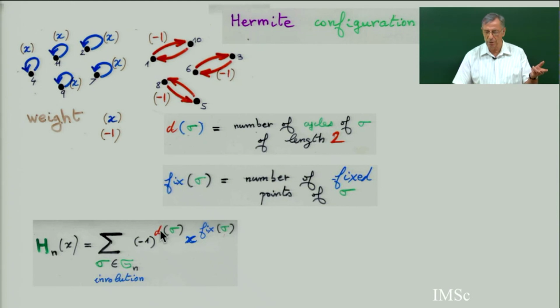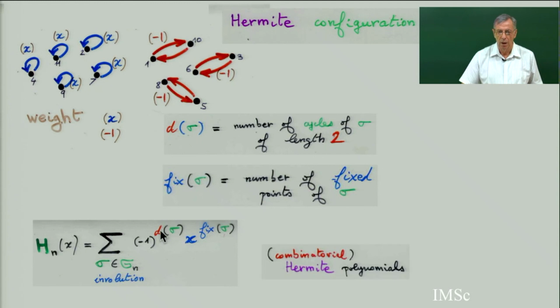D is for dimers; in physics, monomers and dimers. So for this configuration here, I have x to the power 5 times (-1) to the power 3. You sum over all possible such configurations, and you get this polynomial I defined by Hn of x.